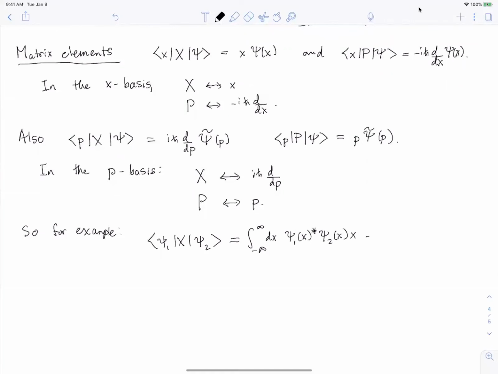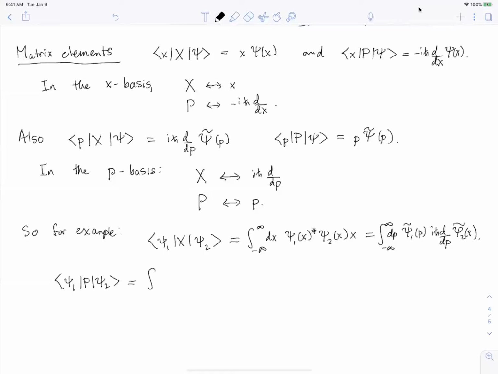But it's also equal to an integral over momentum if I use momentum completeness. And so this would be psi1 tilde of p, i h bar d by dp of the momentum wave function for the ket 2. Like so. And then I can do the same thing for the momentum operator.